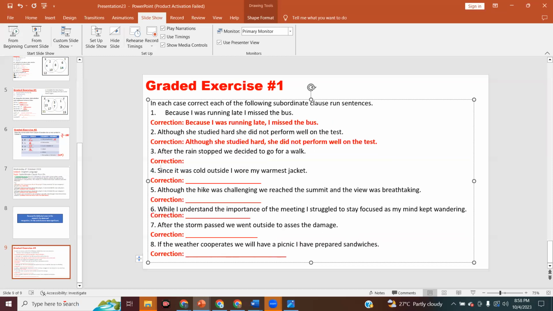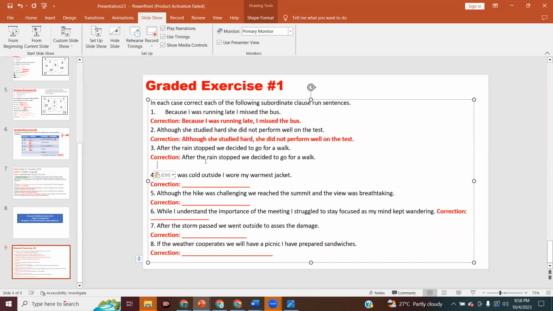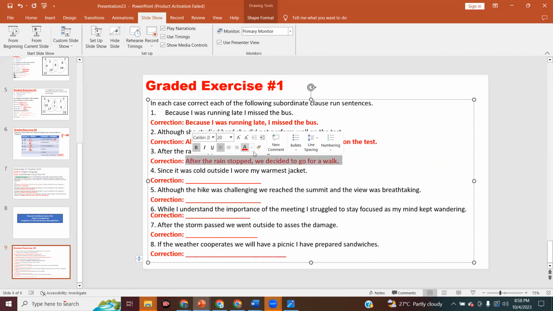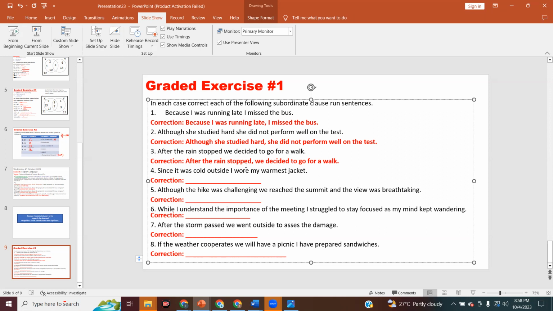Number 3: after the rain stopped, comma, we decided to go for a walk. That's the correct answer. So basically, it's about making sure that we put the comma in the right place. For these ones, we don't have to put coordinating conjunctions unless it's 2 independent clauses together. Okay, number 4: since I was cold, I wore my warmest jacket. How can we correct that?